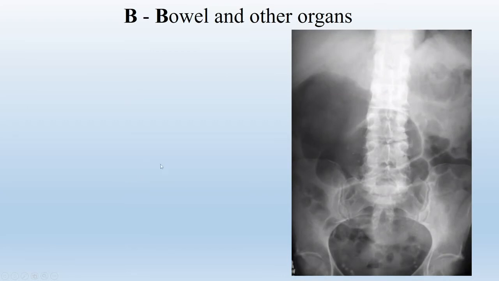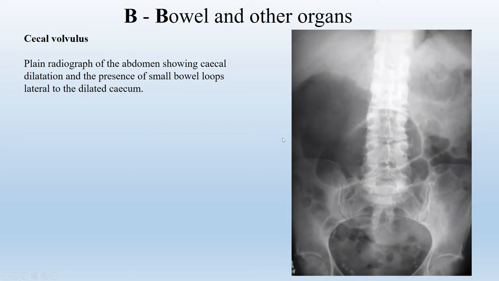Another case. Sigmoid volvulus. So this is a plain radiograph that displays the sigmoid dilation. It is distended, and there are the loops of the small bowel. They are also dilated.